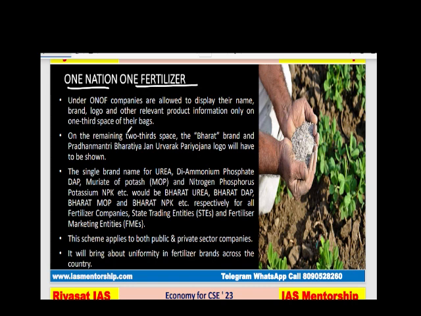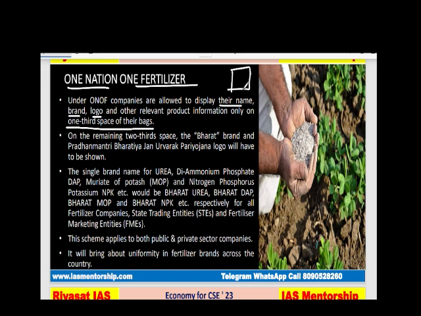Okay. Basically one nation one fertilizer. What is in this program? The companies are allowed to display their name, brand, logo and other relevant information only on 1/3 space of their bag.